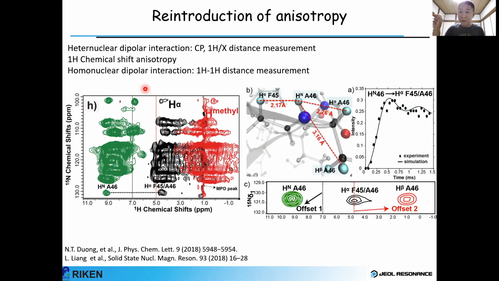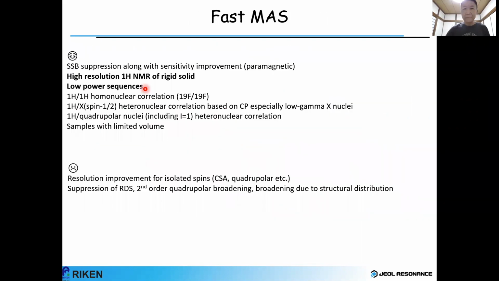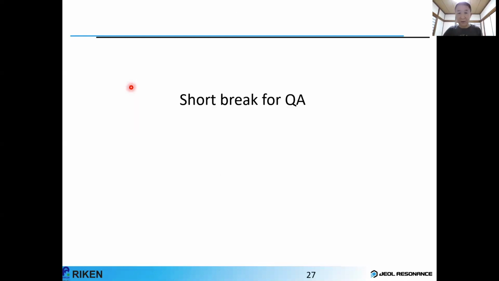Especially, we can selectively recouple interactions to get local information. So this is the first advantage of fast MAS for proton experiments. We can obtain high resolution spectra by fast MAS, we can use low power sequences, and we can also design recoupling sequences.